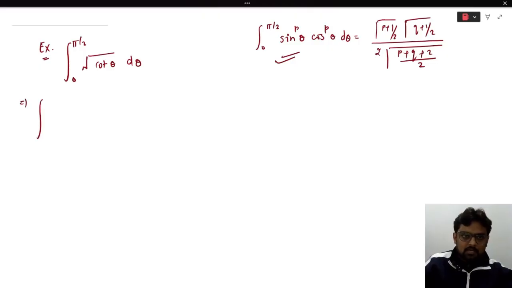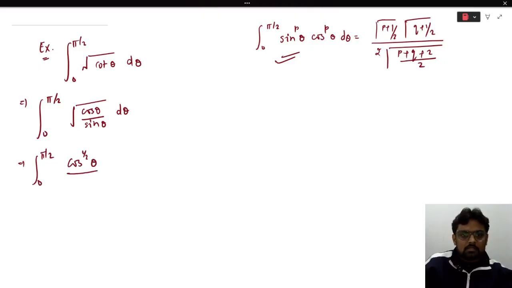Let's check. From 0 to π/2, we can write cot θ is cos θ upon sin θ, obviously dθ. So this will become the integral from 0 to π/2 of cos^(1/2)θ and sin^(1/2)θ in the denominator, dθ.